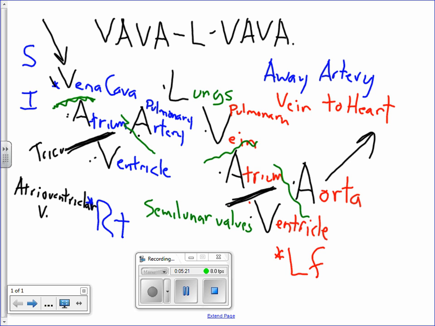Or this is the tricuspid valve. And then this one over on the left side is the bicuspid, also known as the mitral valve. Okay, so this on the left side has 3 names. The other one has 2 names.